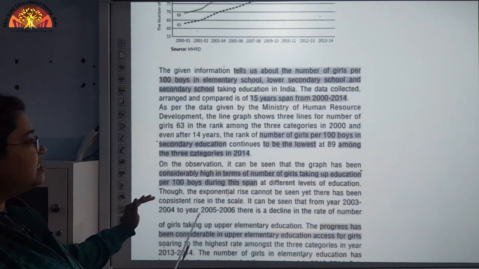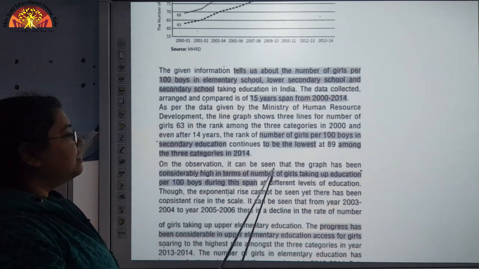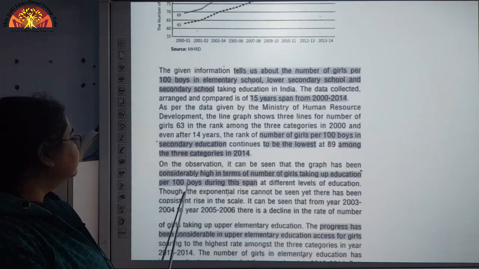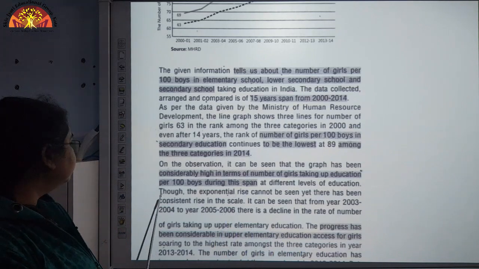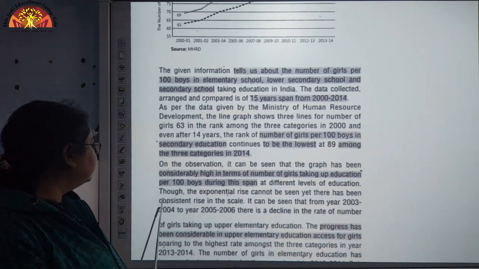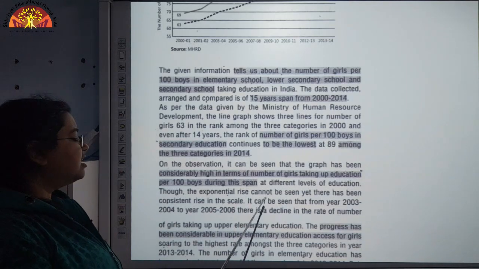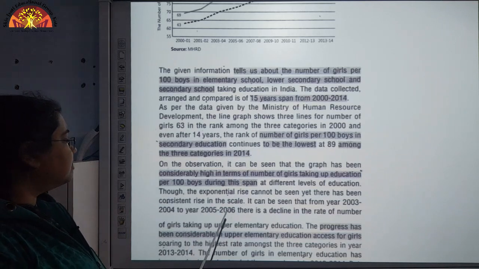Now, another sub paragraph of the body. On observation, it can be seen that the graph has been considerably high in terms of the number of girls taking up education per 100 boys during this span at different levels of education. Though an exponential rise cannot be seen yet, there has been a consistent rise in the scale.